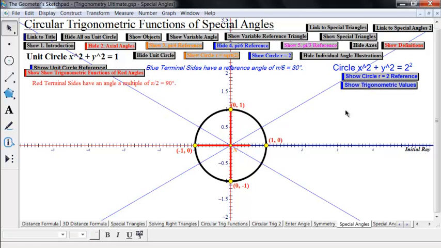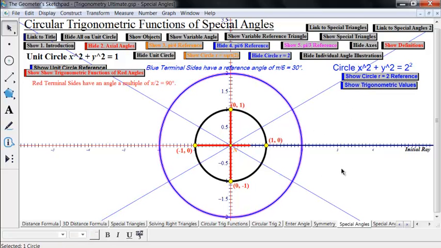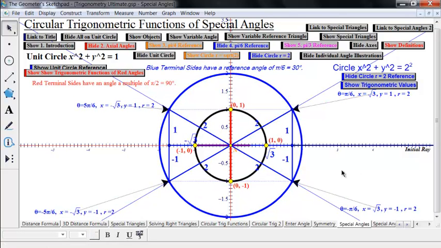In a similar way, when we did the reference angle of pi over 6 or 30 degrees, we came up with these using the standard special triangle that we put in there, a 30, 60, 90 degree triangle. We're able to put inside this circle of radius 2 to help us with this.